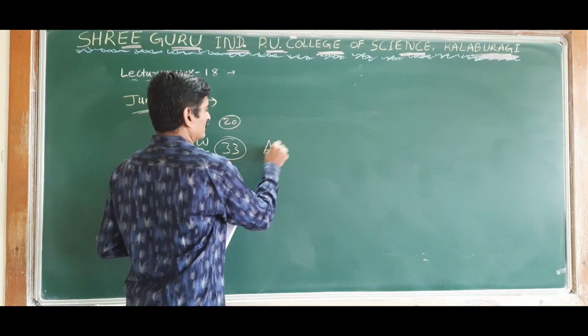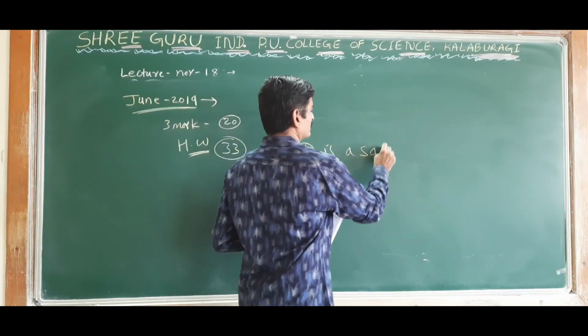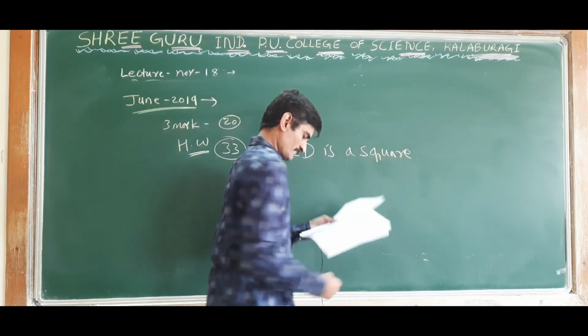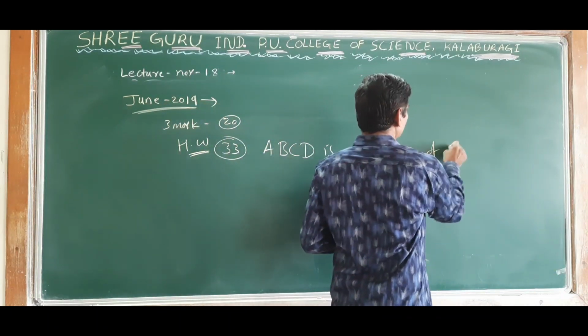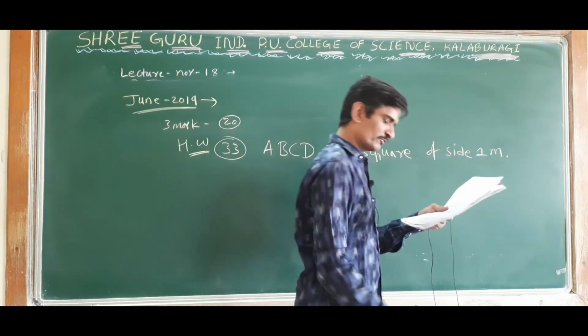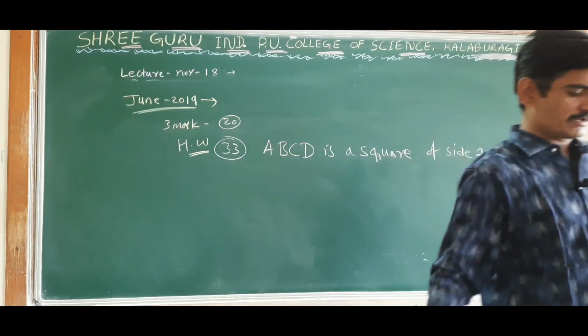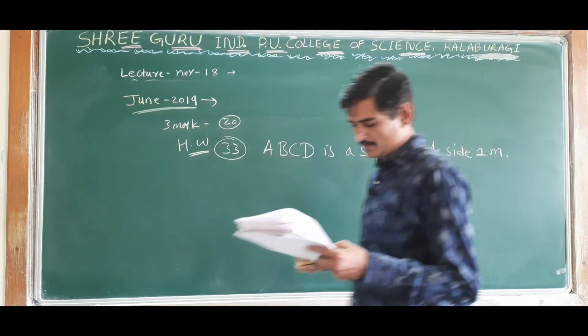ABCD is a square of side 1 meter. You write it down.